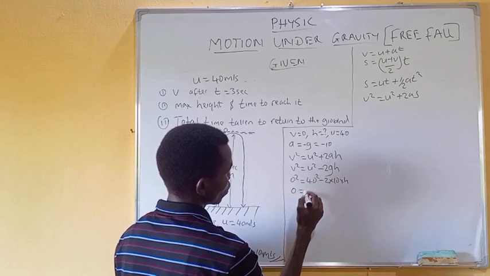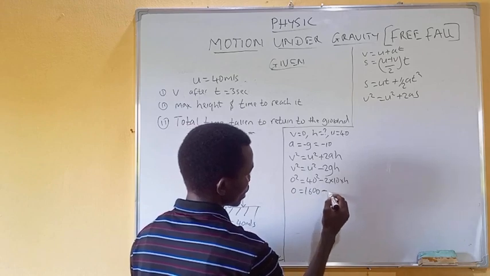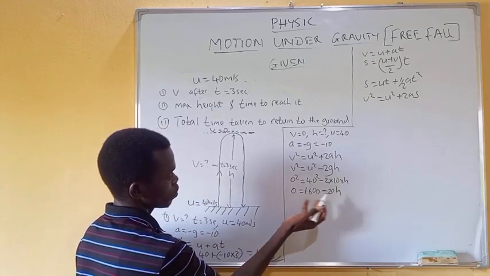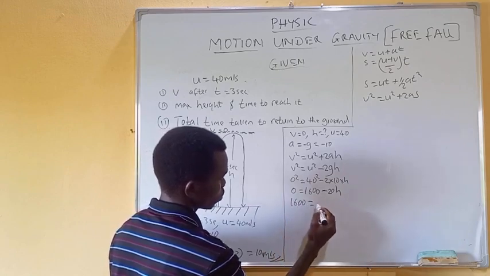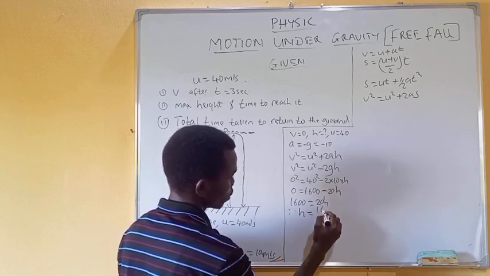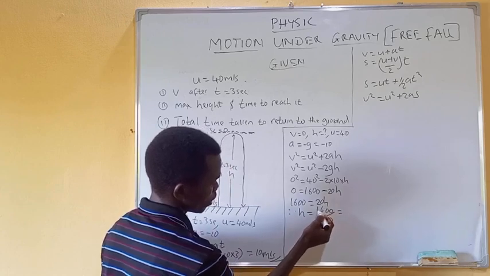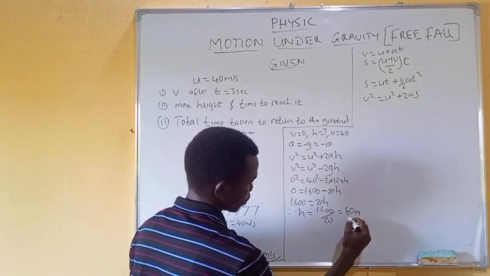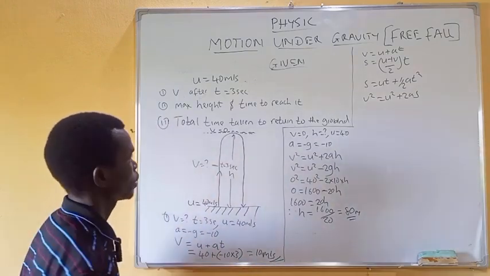So 0 is equal to 1600 minus 2 times 10, we have 20 height. Move this 1600 to the left side, we have 1600 is equal to 20 height. Therefore, our height is equal to 1600 divided by 20. We have 160 divided by 2 is 80 meters. This is for question 2, the maximum height.